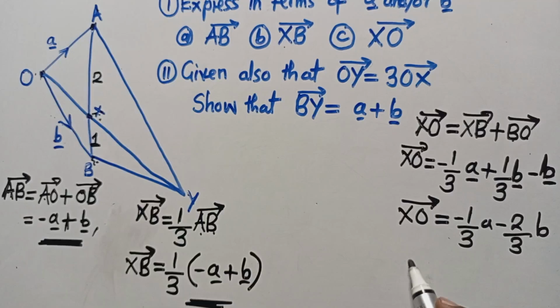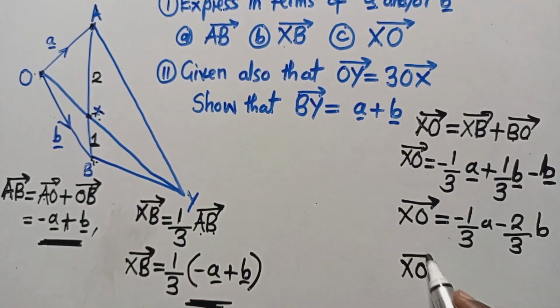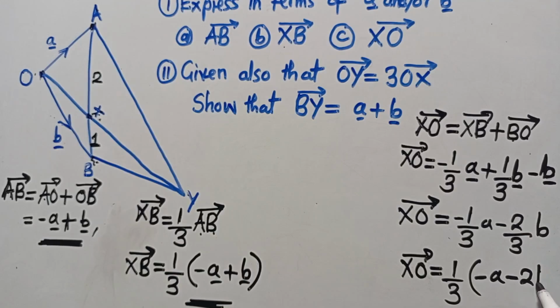So XO is just the same as, what is common is a 3. So I'll say 1 over 3, then I've got negative A minus 2B, like this. So this is the answer. I can end there.